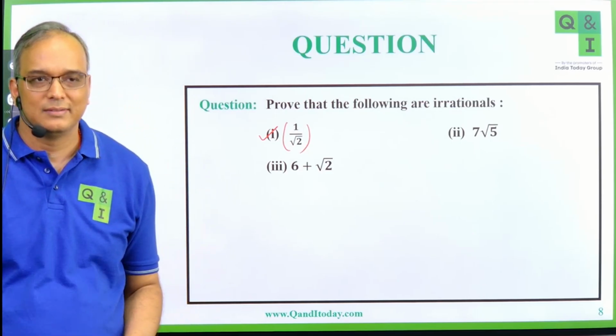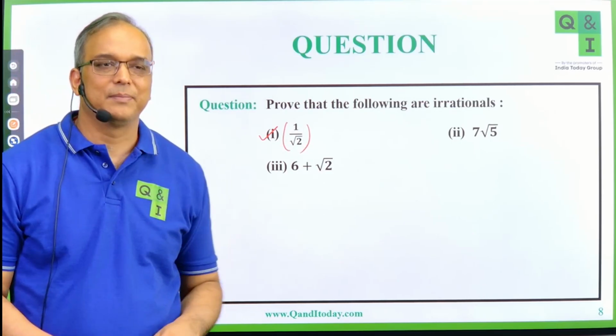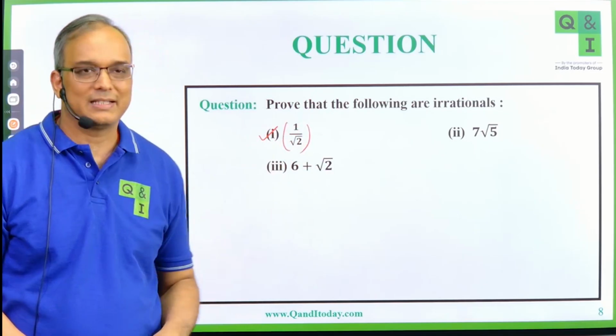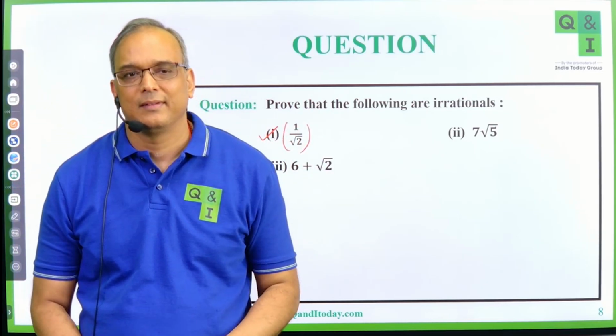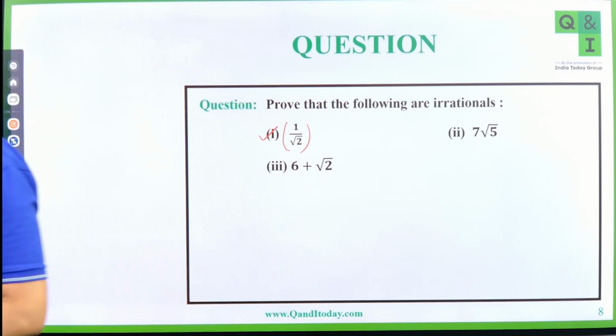No one. What should be my first step to prove 1 by root 2 to be irrational? Okay, let me do it for you.